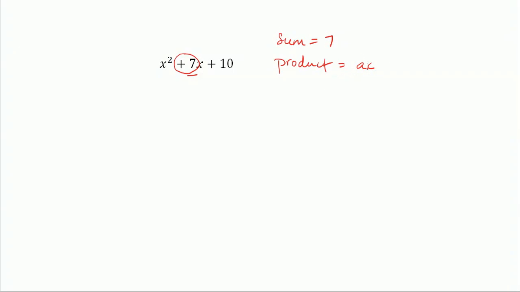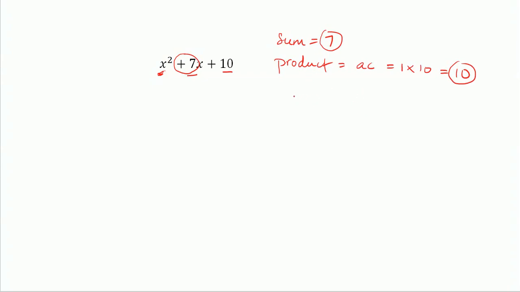A is the coefficient of x squared, which in this case is 1, and c is plus 10, which gives us 10. So we are looking for two numbers such that the sum is 7 and the product is 10.